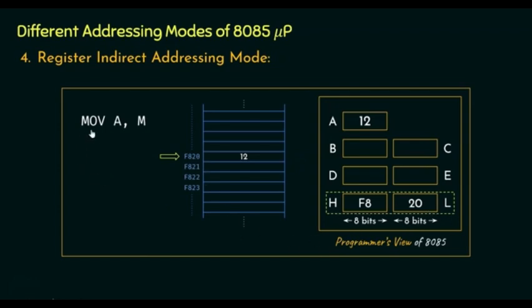Therefore, after the execution of this instruction, the data will be loaded within the accumulator register, but we never mentioned the register pair which is storing the address in the first place. So within the instruction using the alphabet M, we are indirectly addressing the register pair HL. So this instruction falls under the register indirect addressing mode.